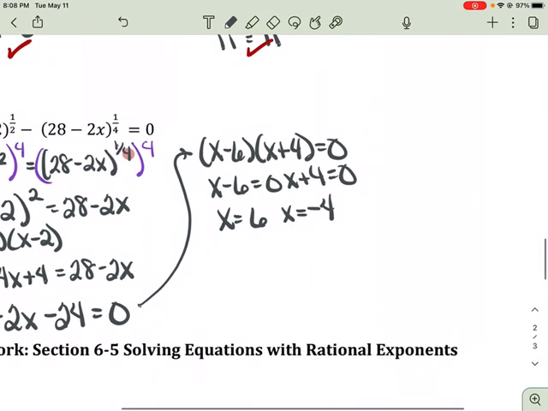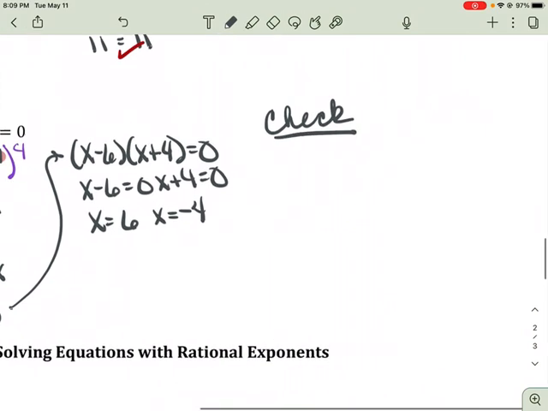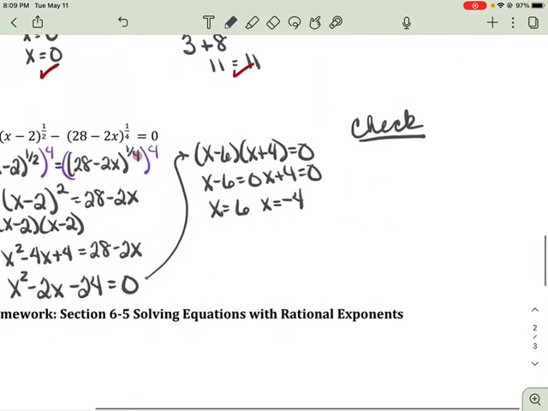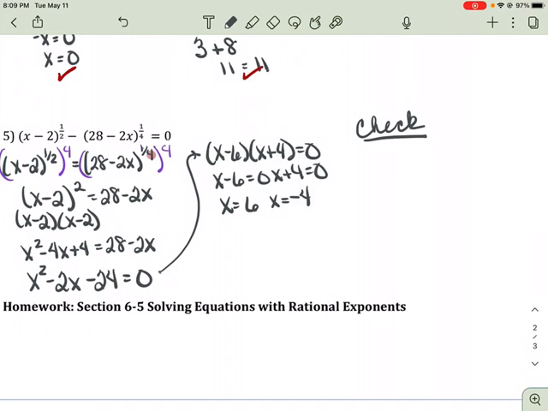Okay, and then we have to check both of those. Okay, so do I have enough room? I hope so. All right, so we're going to, back in the original problem, all right?